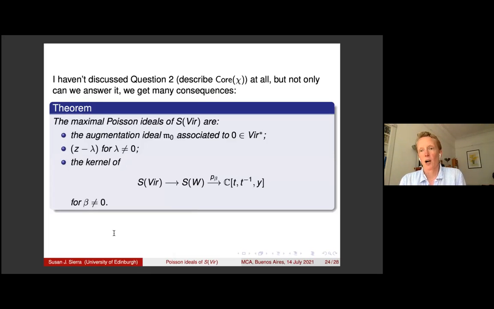And of course, the augmentation ideal is a maximal Poisson ideal. Basically any question you want to ask about Poisson ideals of this symmetric algebra of Virasoro, we can answer using largely the technology of this first theorem, the equivalent conditions for local functions.